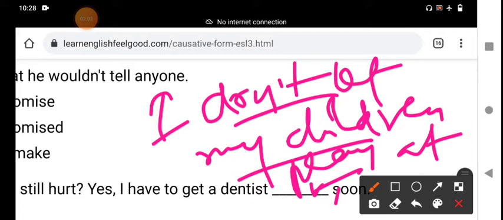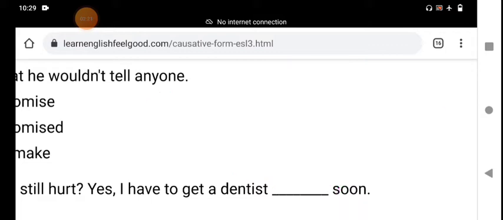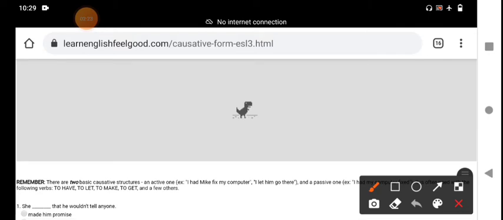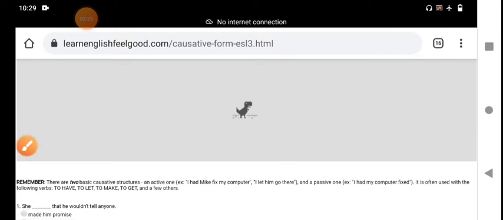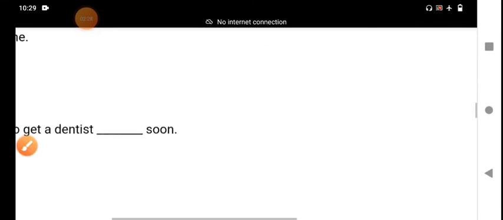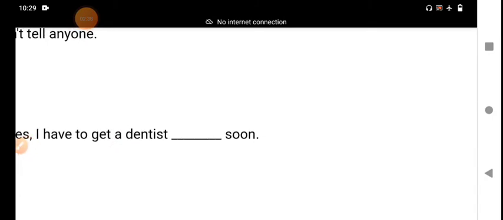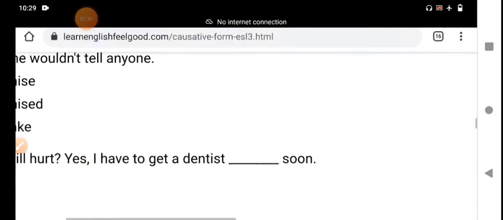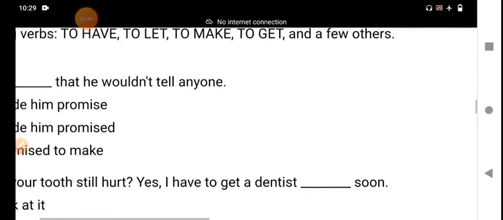I don't let my children play at the dining table. That means I don't allow my children to play at the dining table. Let means allow. I don't permit my children to play at a dining table.